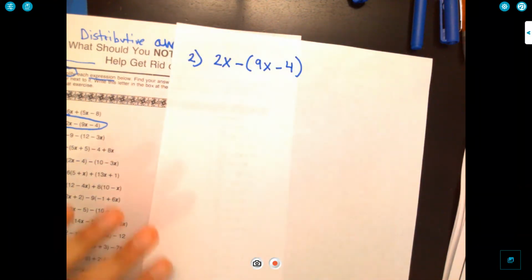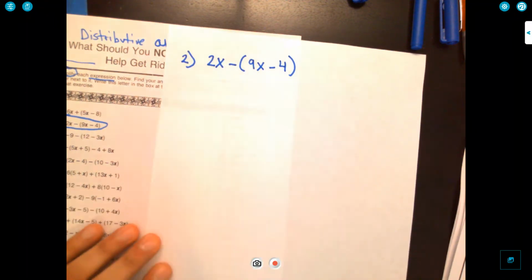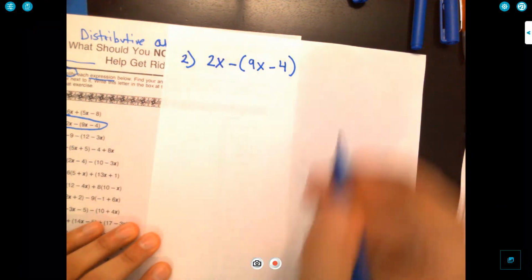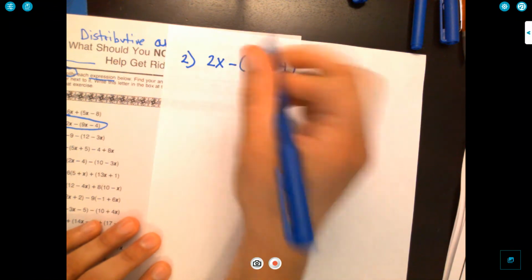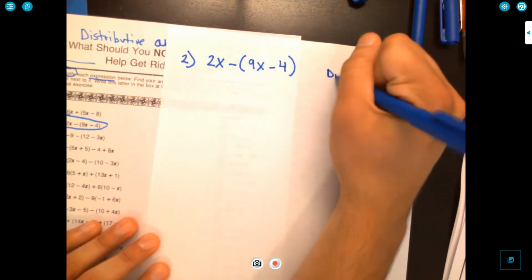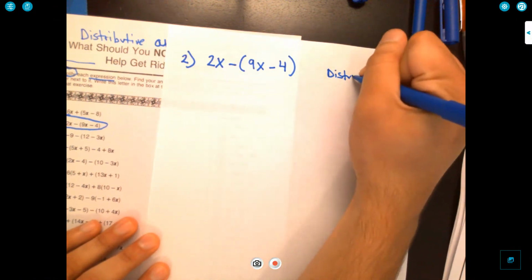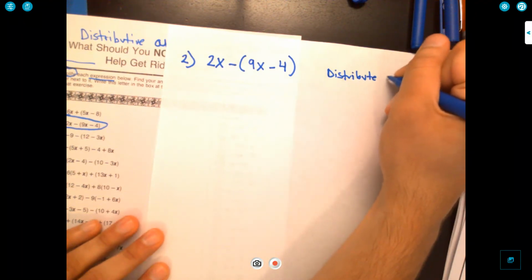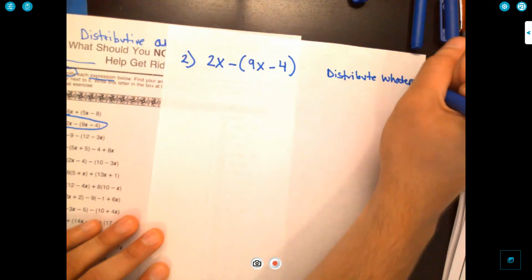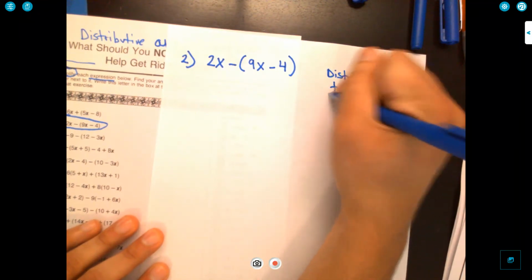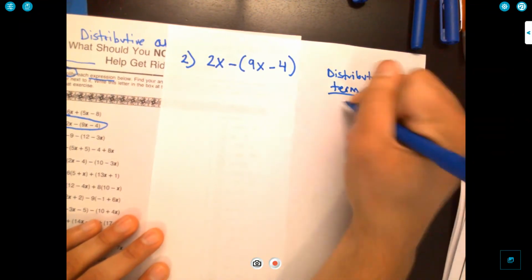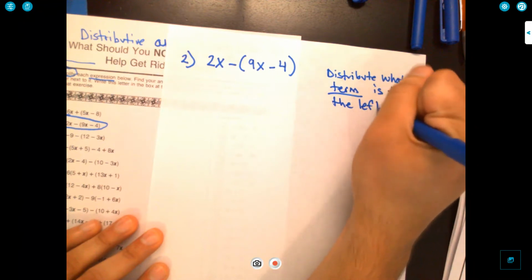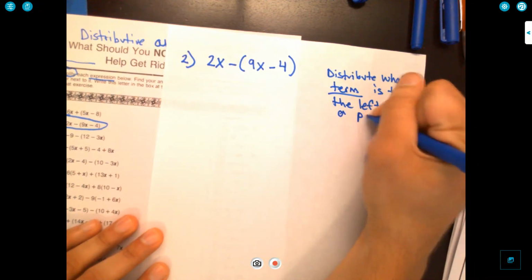Remember with distributive property, we are distributing whatever term is to the left. So you distribute whatever term, just one term, is to the left of a parentheses.